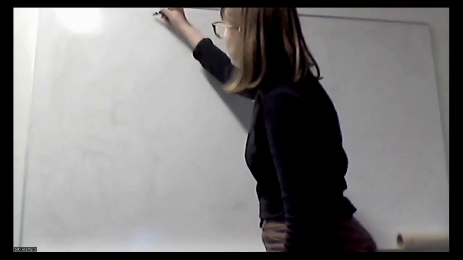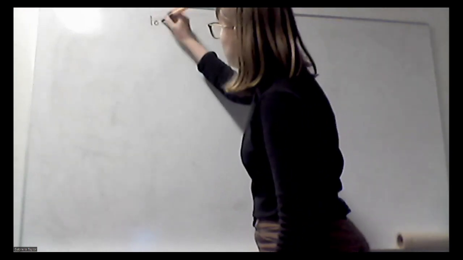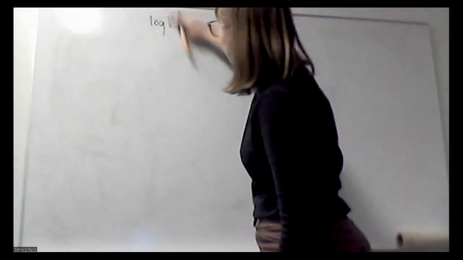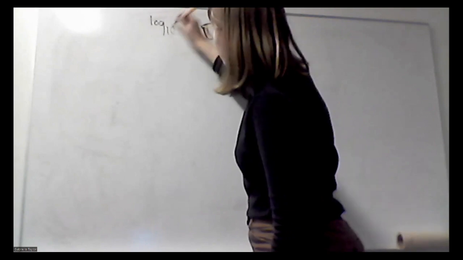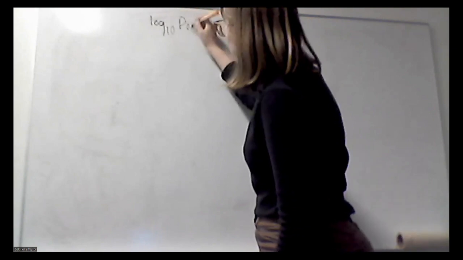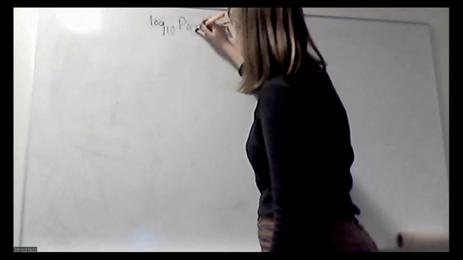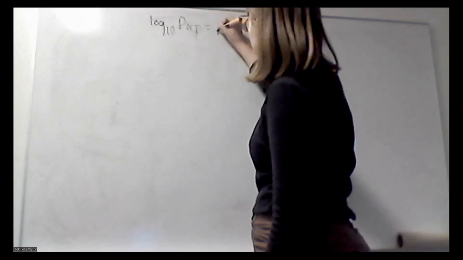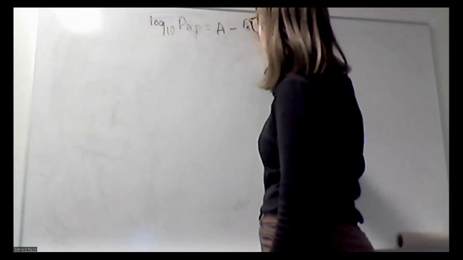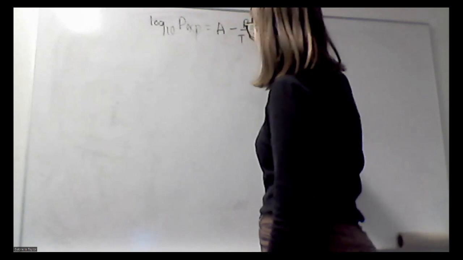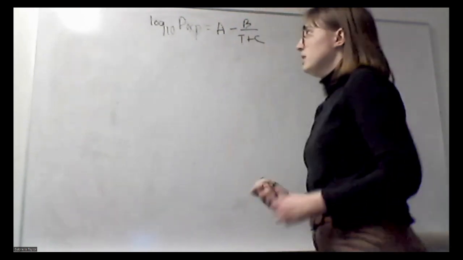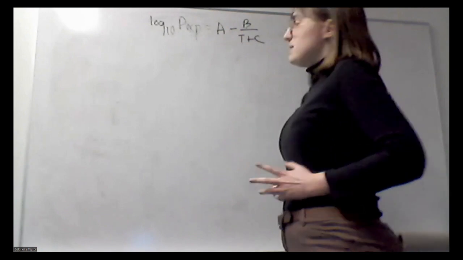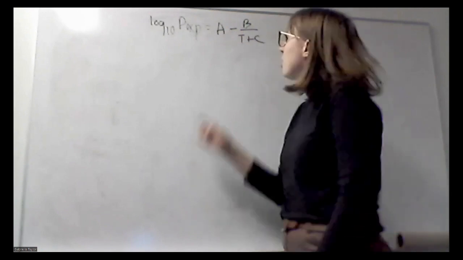Okay, so the first thing is the Anton's equation is going to be log base 10 of p_sat, and this is going to equal A minus B over T plus C. Okay, so for our design matrix, we want our y and we want our coefficients.